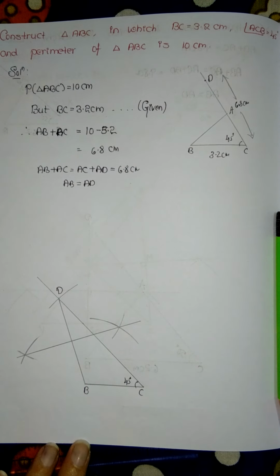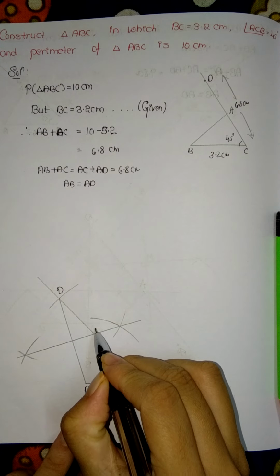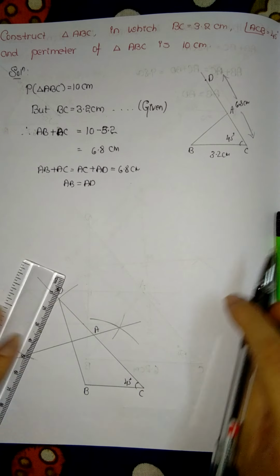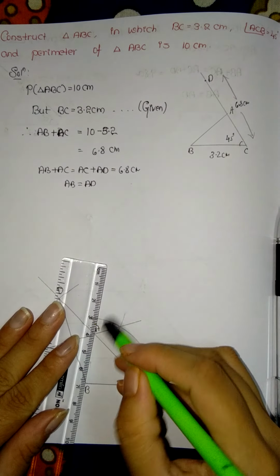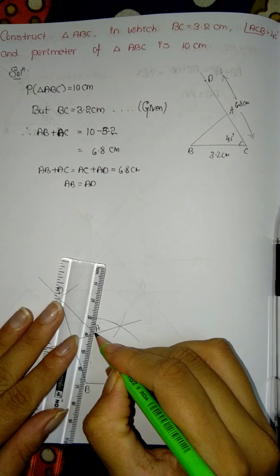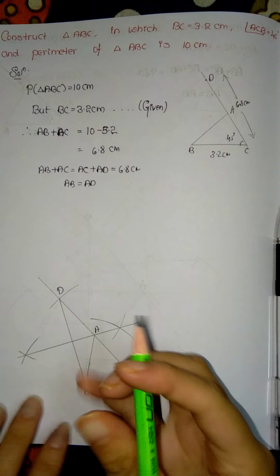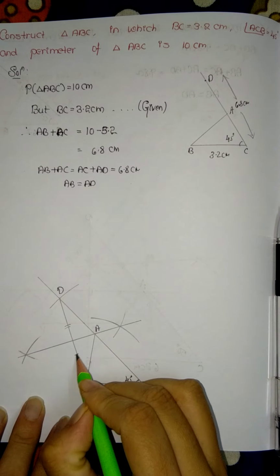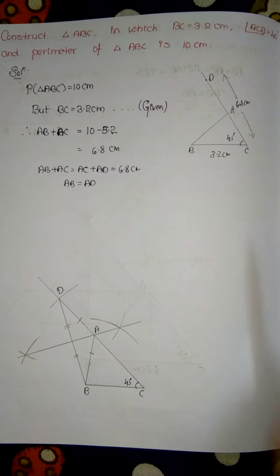And the point of intersection is named as E. So join these two, A and B. So here these two sides are equal and these two sides are equal.